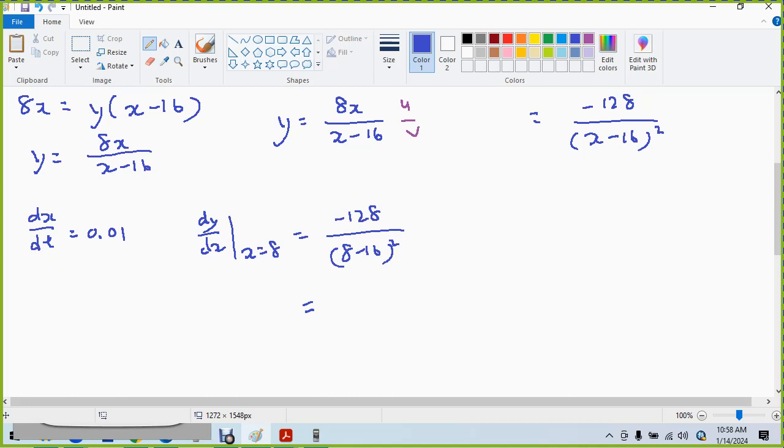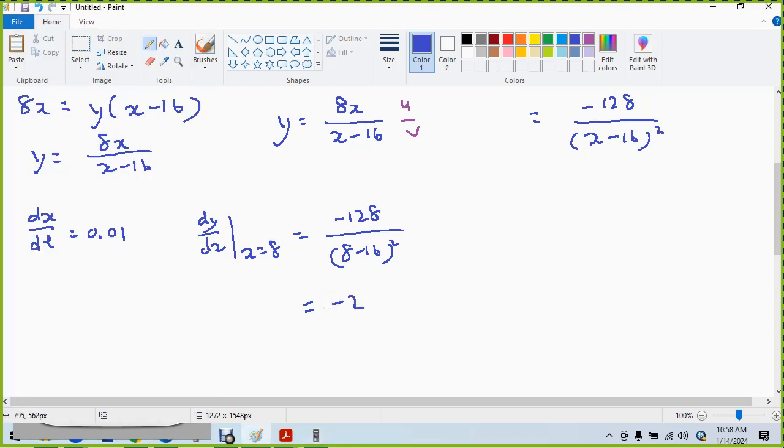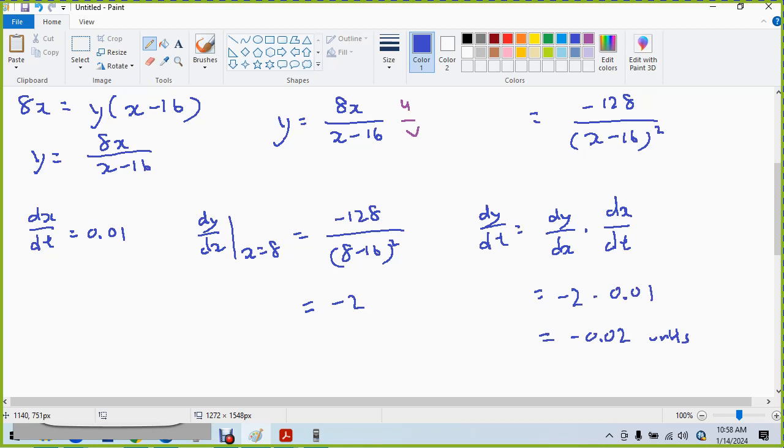Okay, so we have negative 128 divided by 8 squared, so it's negative 2. So dy/dt is dy/dx times dx/dt. So it's negative 2 times 0.01. It's negative 0.02 units per second.